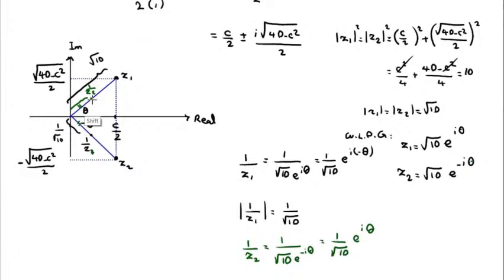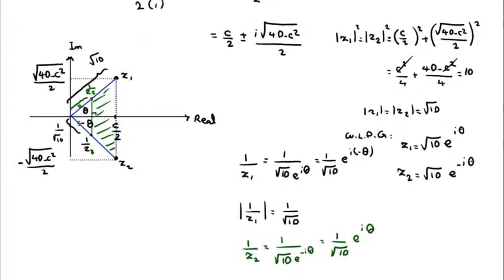Now, let's calculate the area here. It says find the maximum area of the polygon, that's a quadrilateral, created by z1, z2, 1 over z1, 1 over z2. This area is the area of the whole triangle minus the area of this triangle.